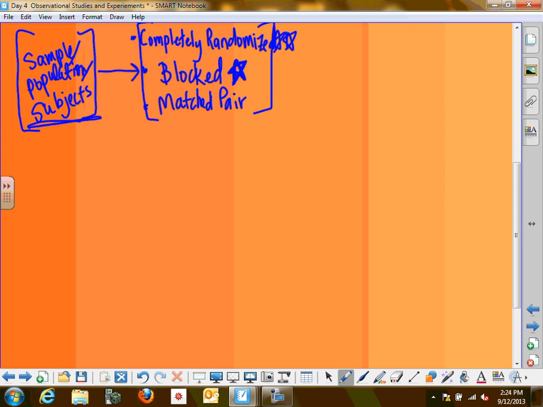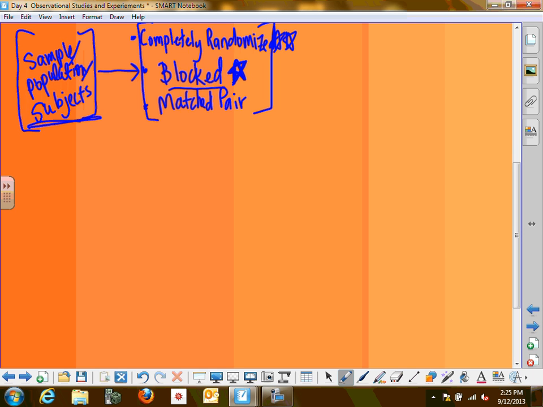So if there is something that will affect the outcome, then you control it, and you have to use this blocked design. Because see, then it's confounding the issue, and you can't tell if it's the food you're feeding them or if it's their height that's causing whatever.